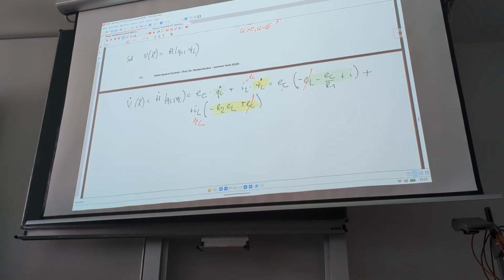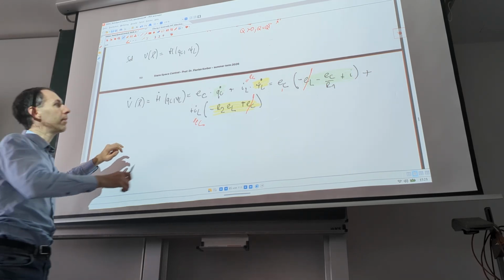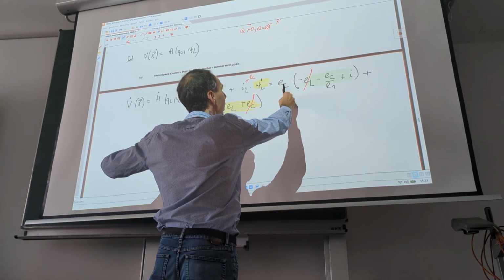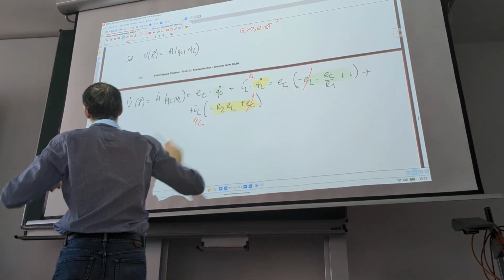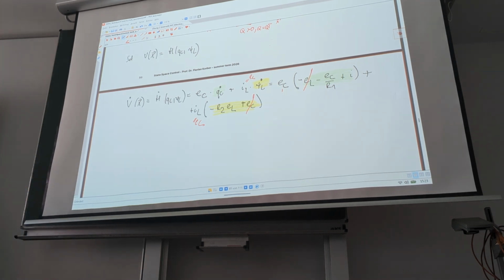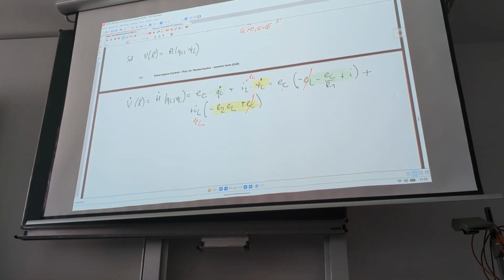This is one with a positive sign, one with a negative sign, and what remains is basically a product of E C squared and E L squared. So in our case, what remains is a minus E C squared R1 minus E L squared R2.